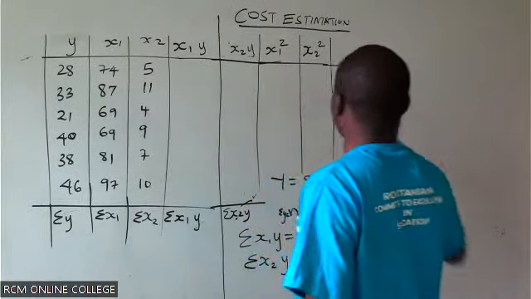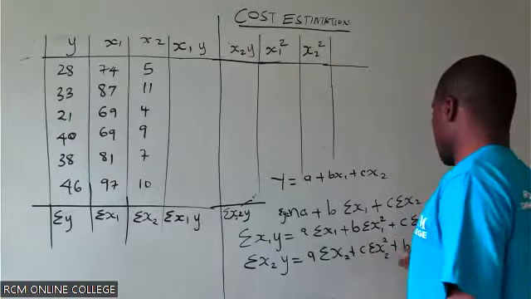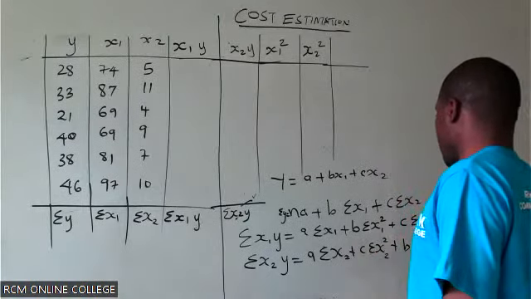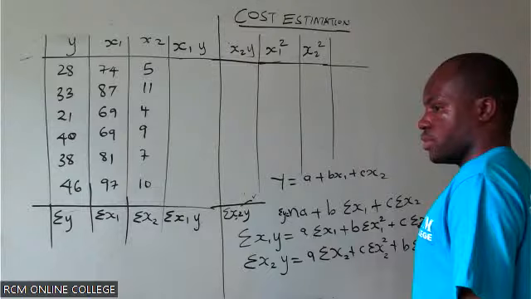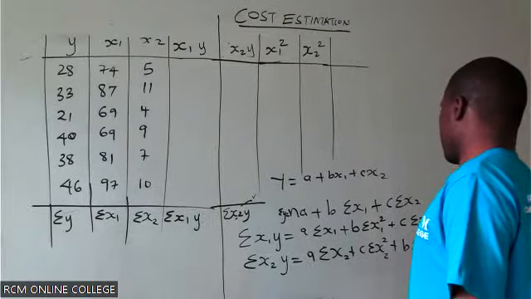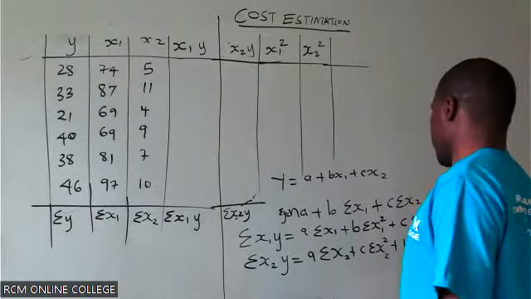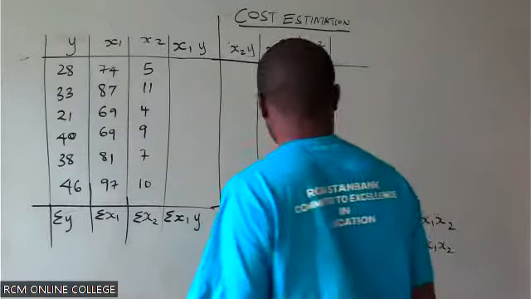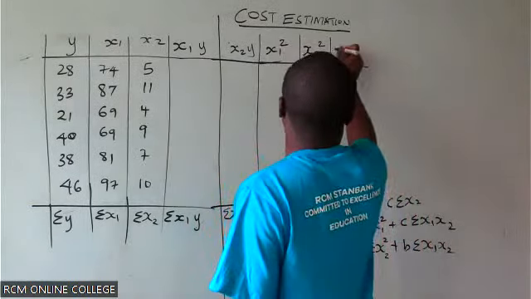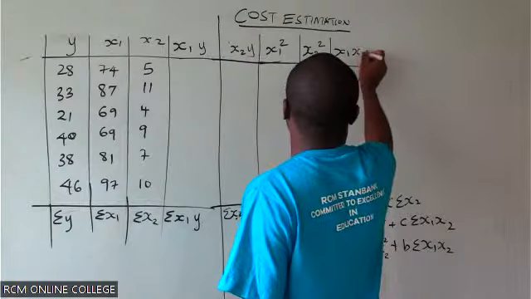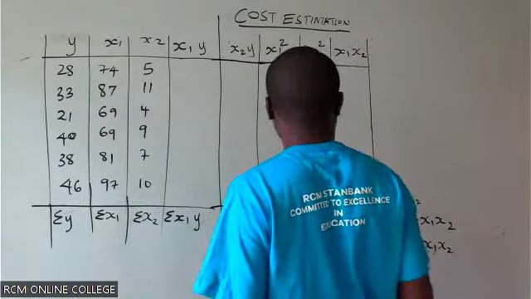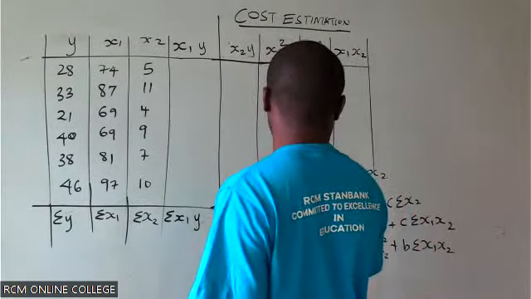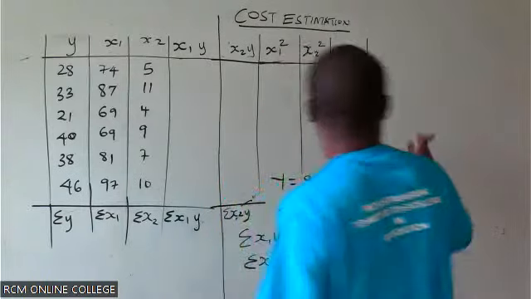Then the last one, you are able to see I need a column for X1, X2. X1, X2, it is the same thing. So I will come here and again indicate X1, X2. That is what we need to have in place.